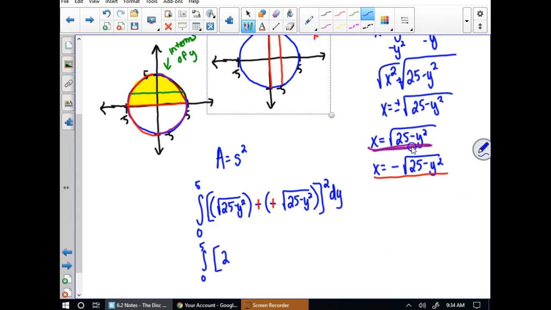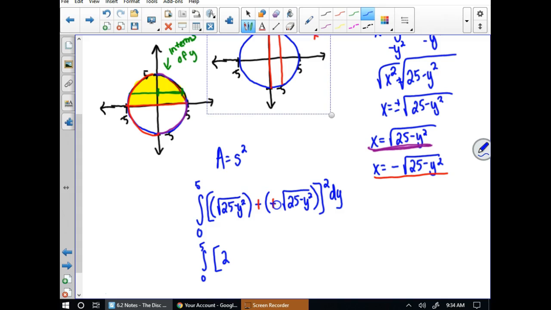But you always do either top minus bottom if you're doing it in terms of x, or right minus left. So the function furthest to the right is this positive function here, and the function furthest to the left is this negative here. What it does is essentially you're taking this piece right here and you're adding this piece over here. But then you got to use the negatives because the minus and then the negative in that equation will take care of itself there.